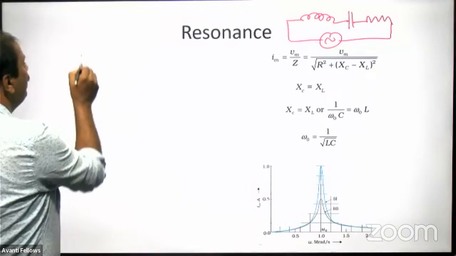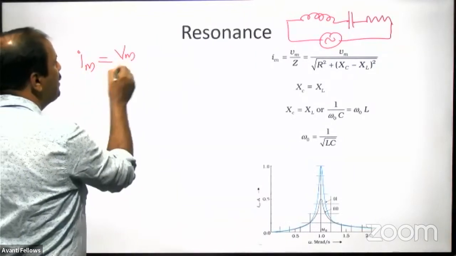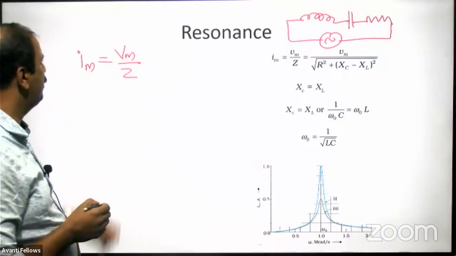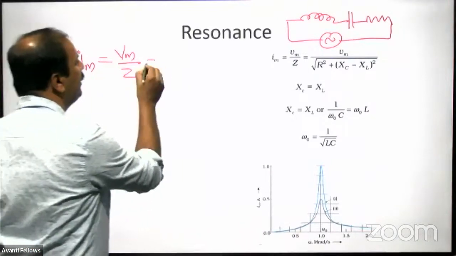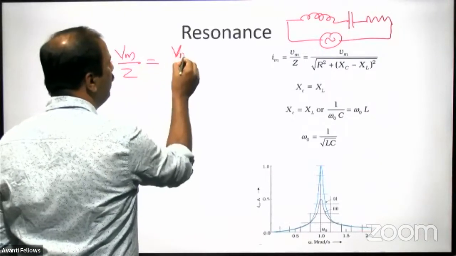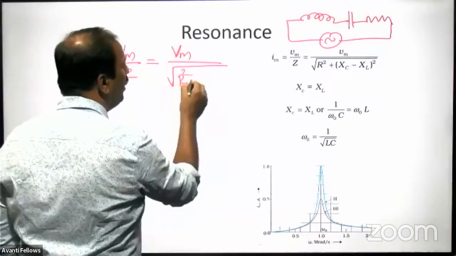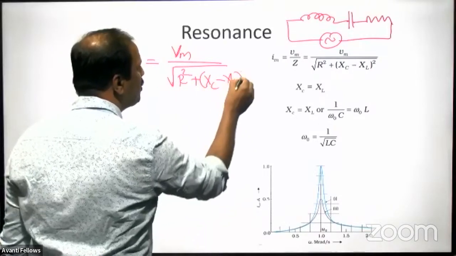So I am taking here Im is equal to Vm by Z. This is the normal equation for an LCR circuit, where Vm is the voltage and Z is the impedance. So I will expand that: Vm by root of R square plus (Xc minus XL) square.